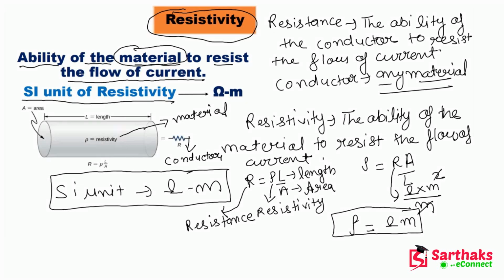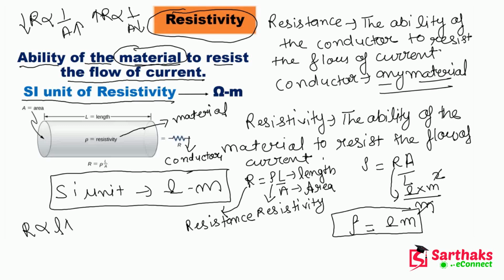We also saw in our previous slide that if the area is higher, then the resistance will be lower. If the area is lower, then the resistance will be higher. We also saw that resistance depends on length.